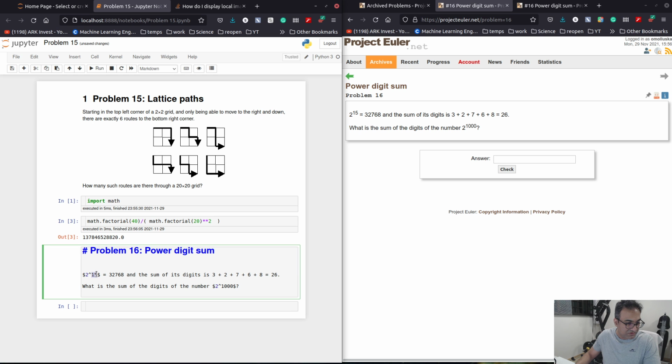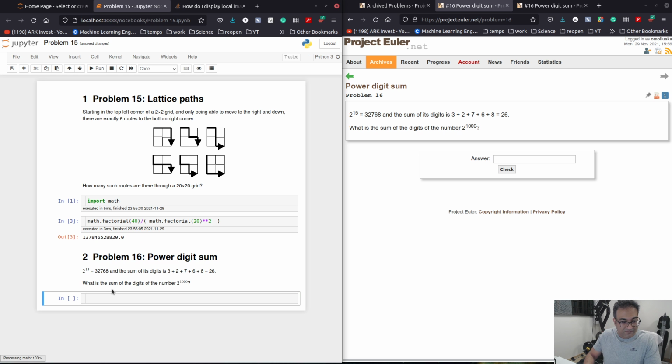I made a boo-boo. It's 15, and this should be, okay. If 2 to the power 15, the sum of the digits is that. So basically that is 2 to the power 15.